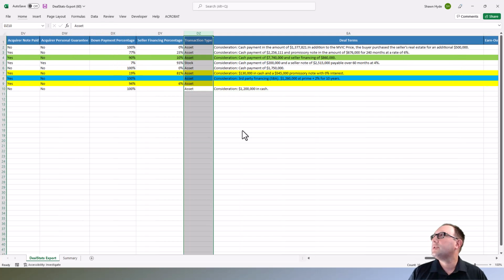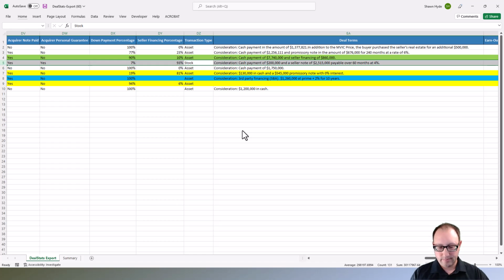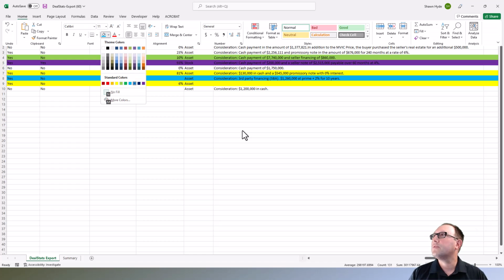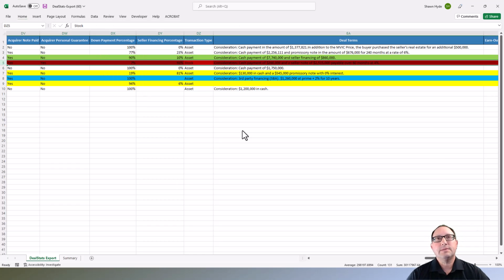Ooh, transaction type. Here's a stock deal. Let's highlight that one as well. So, a question about stock deals. Most business brokers will sell the assets of a business, meaning they'll sell the equipment, the inventory, the fact that they have trained employees in place, and that there are already customer relationships and supplier relationships.